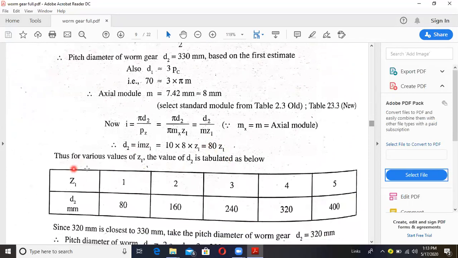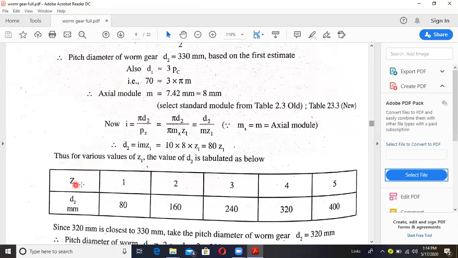Now we have to write a tabular column by taking Z1 and D2. Z1 is nothing but the number of threads on the worm. First take 1. Substitute Z1 is equal to 1 in the above equation and calculate D2. Then D2 is equal to 80.